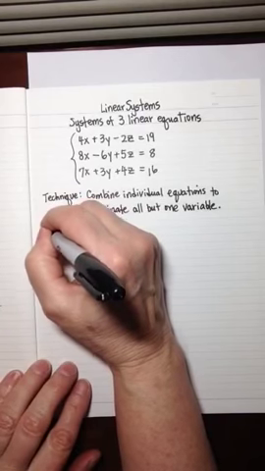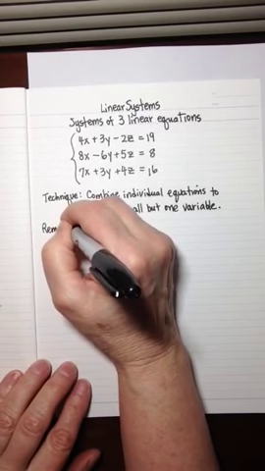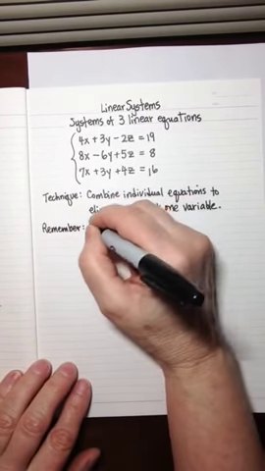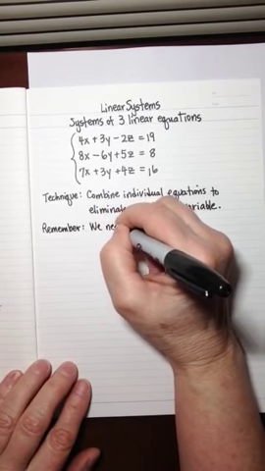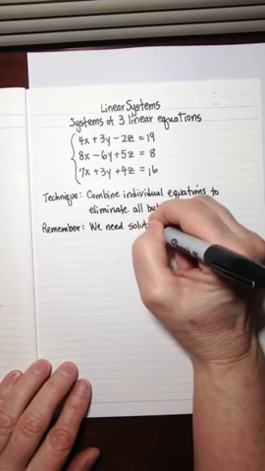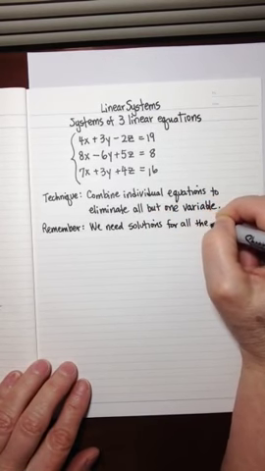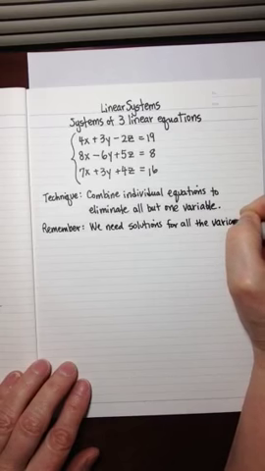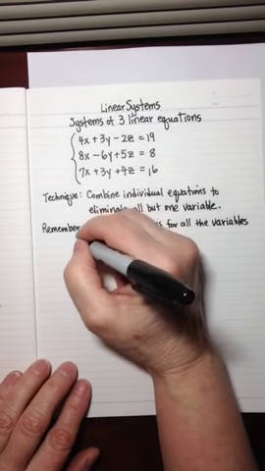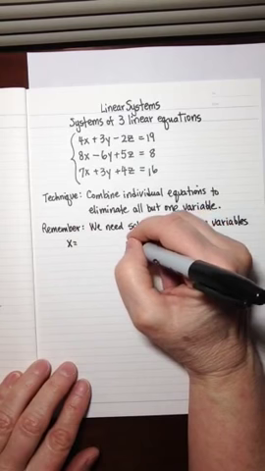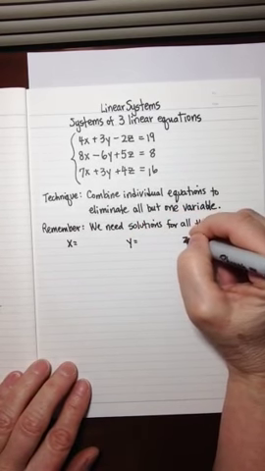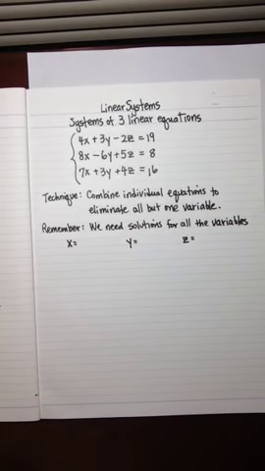We need to remember we need solutions for all the variables. So we're going to need an x equals and a y equals and a z equals in order to be completely satisfied that we have solved this system of three linear equations.